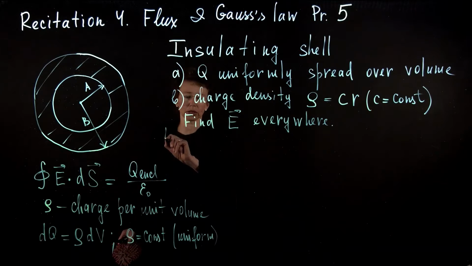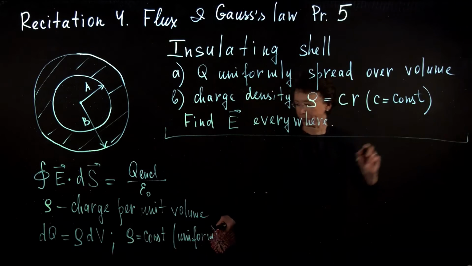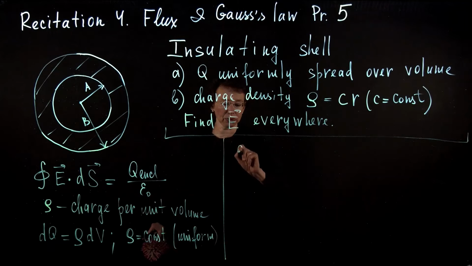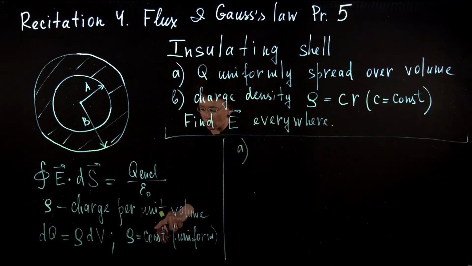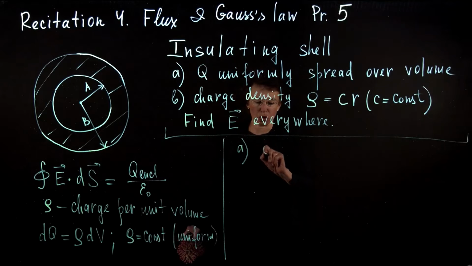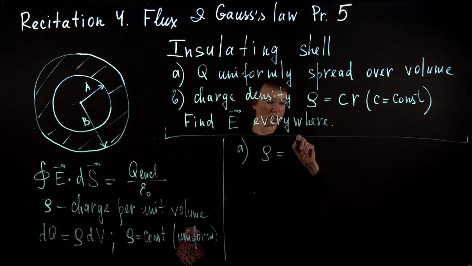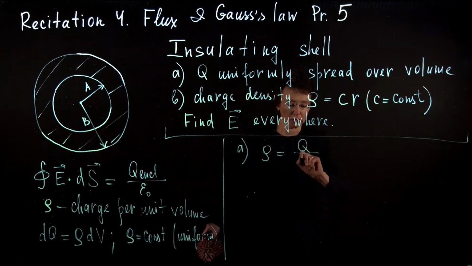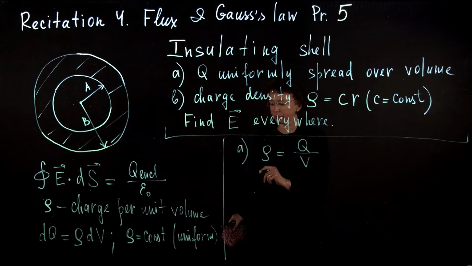So now we start working with part A. If I have a uniform distribution, rho constant, then what is rho? Rho is just charge divided by volume.